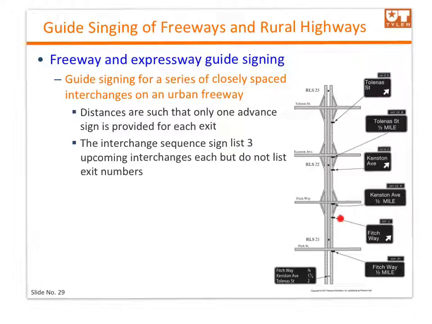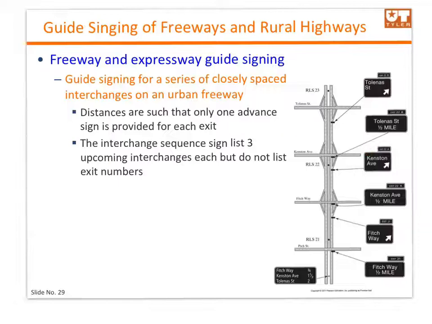That's why here, just a few hundred feet away from the exit, you just need to show the exit and the name of that route. And by the time you reach this location here, you would show the second approach within 1/2 mile from the exit. So here you're going to see that within 1/2 mile, and at the exit you're going to show only the name of that exit.